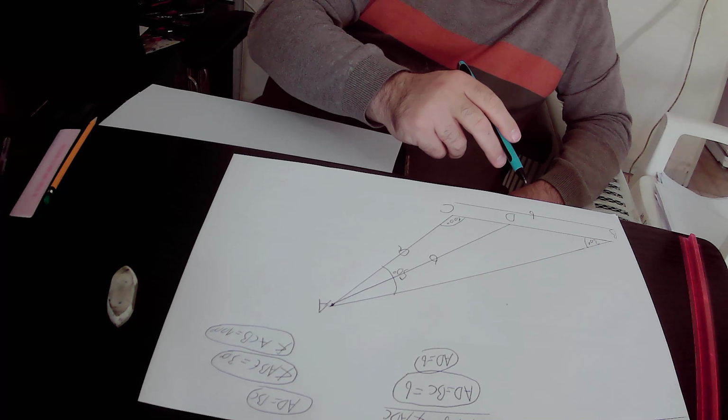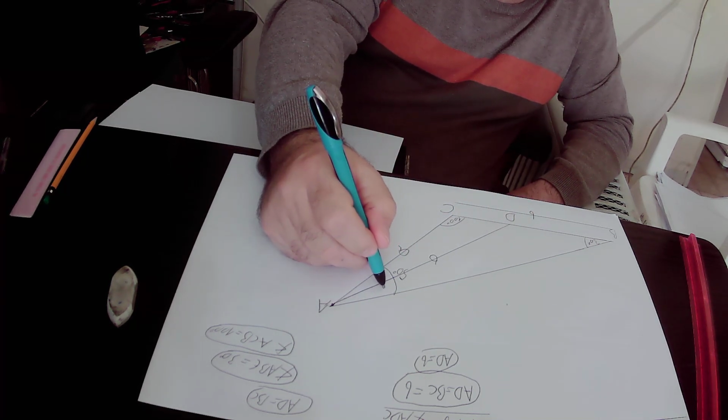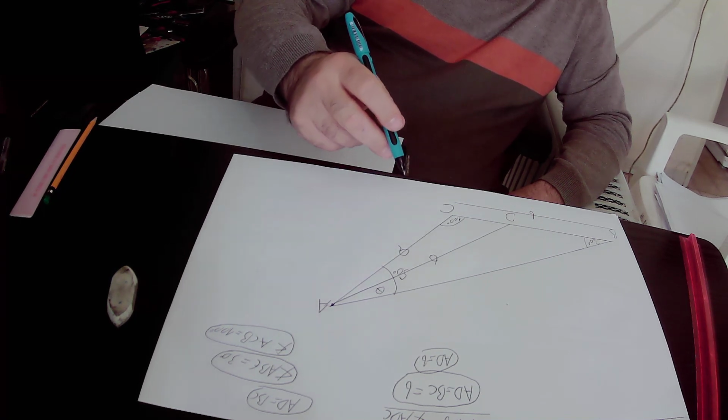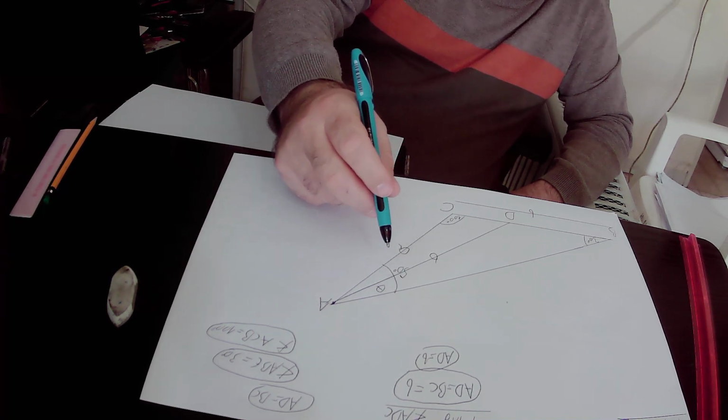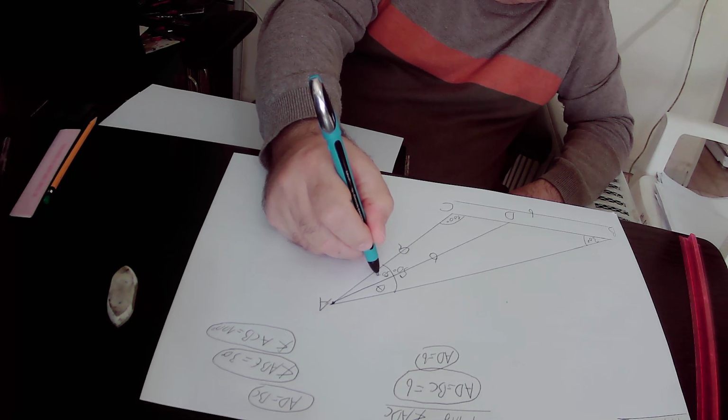So if we define angle DAB as angle theta, then 50 degrees minus theta will be the value of angle DAC.